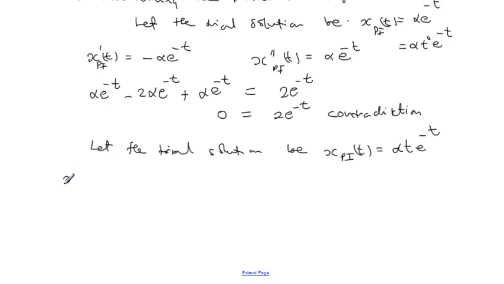Now coming up with the first derivative here, we're differentiating a product, which is going to be alpha e to the power minus t minus alpha t e to the power minus t. That will be our first derivative.